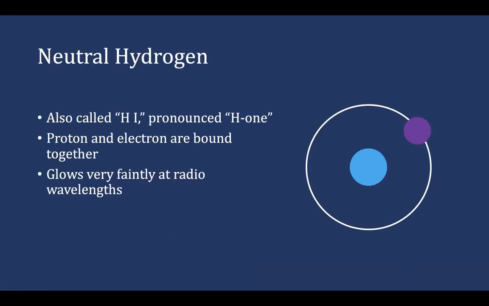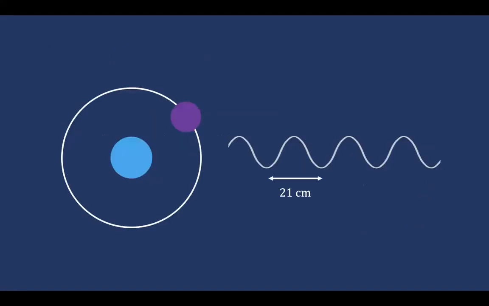Neutral hydrogen is also called HI by astronomers. Like I said, the proton and electron are bound together. And the key point for radio astronomy is that it glows very faintly at radio wavelengths. This glow has a very specific wavelength of 21 centimeters.